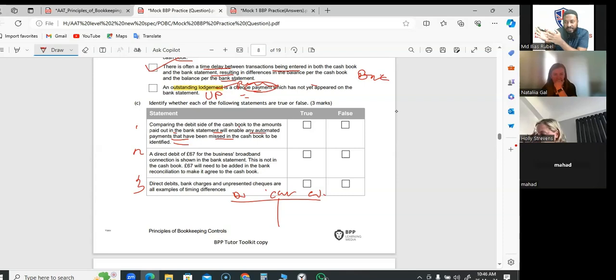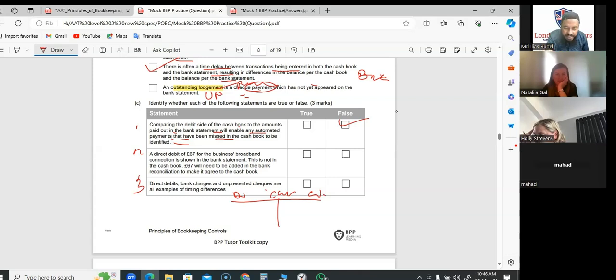Unless we get the bank statement, we cannot write in the cash book. It is not automated. So this is false. Like bank charges. How can you write into the cash book automatically unless we see the bank statement? Or direct debit, standing order, we need to see the bank statement. That is the question here.